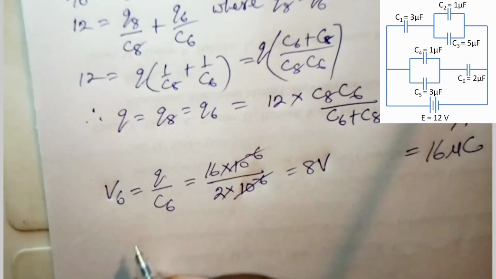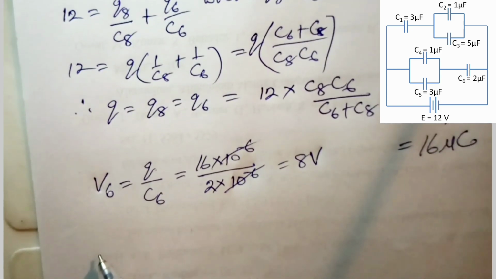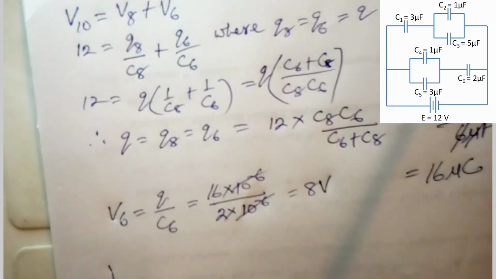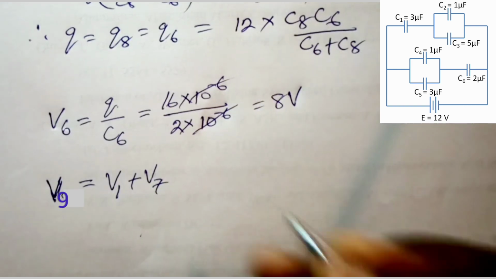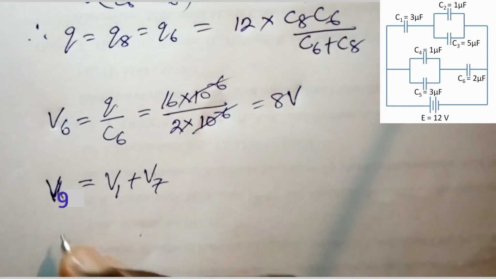We do the same thing for the other one. Remember, it's equal to V1 plus V7. So we'll do the same thing that we did here.